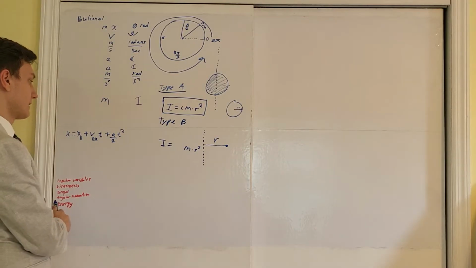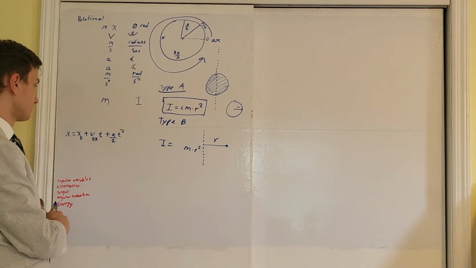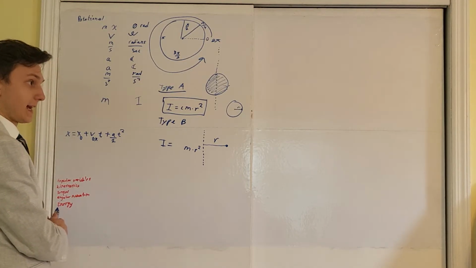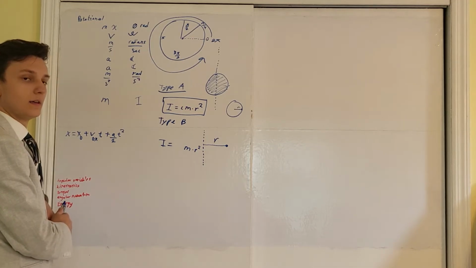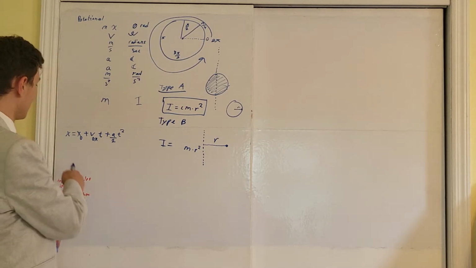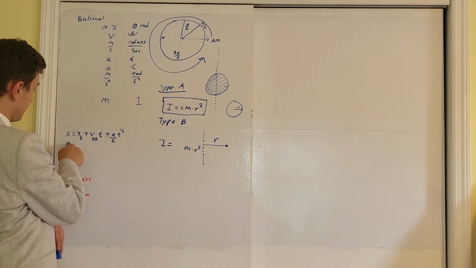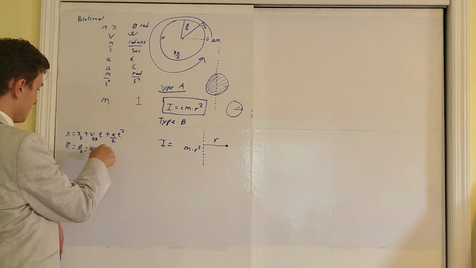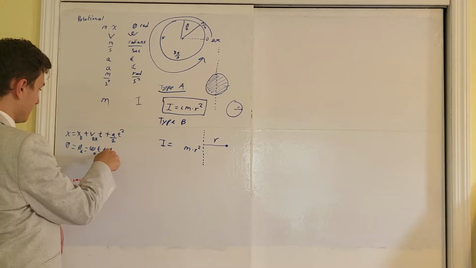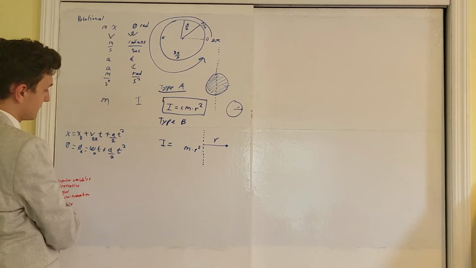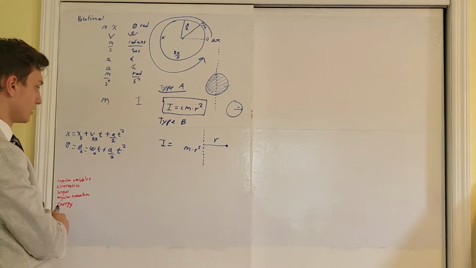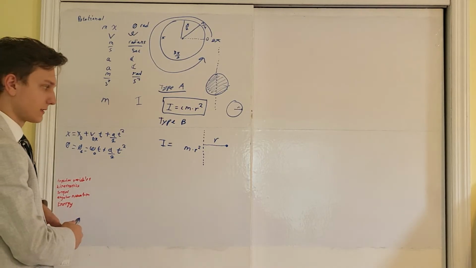Okay, that was one of the kinematic equations we covered back in Unit 1. All right. The kinematic equations for rotation are exactly the same. You just need to sub in the new quantities. So theta equals theta naught plus omega naught t plus alpha over 2 t squared. Same exact equations, just sub in your new quantities, okay?